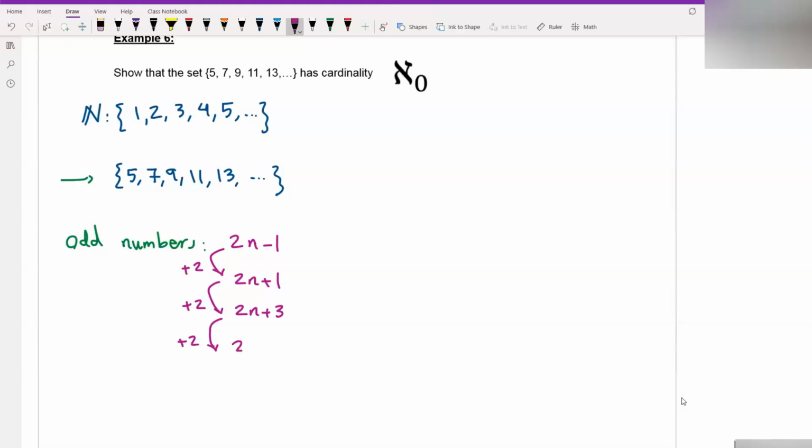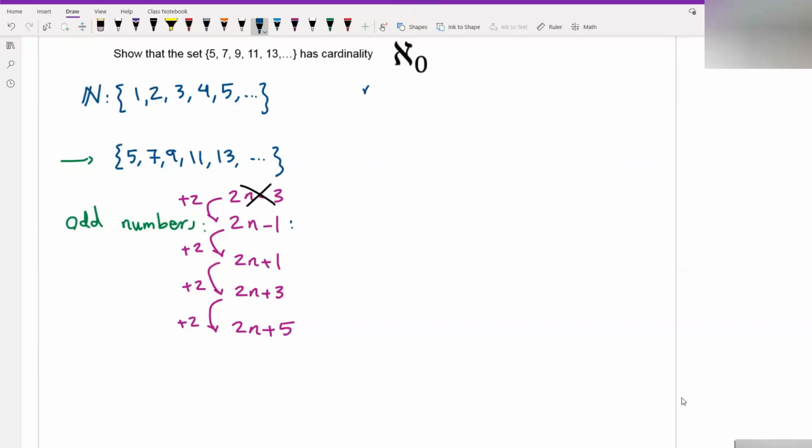You can continue to 2n plus 5 or 2n minus 3. If you want, you can try 2n minus 3, but I'm not using that one because you're going to have a negative number, and for natural numbers we have to start from 1. So this is not mathematically correct. So we have to start with 2n minus 1.